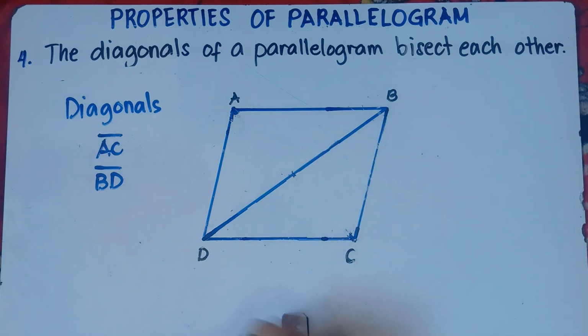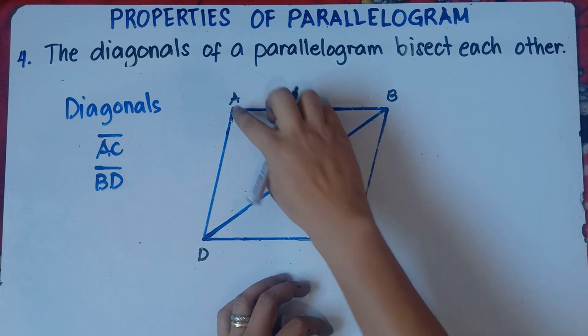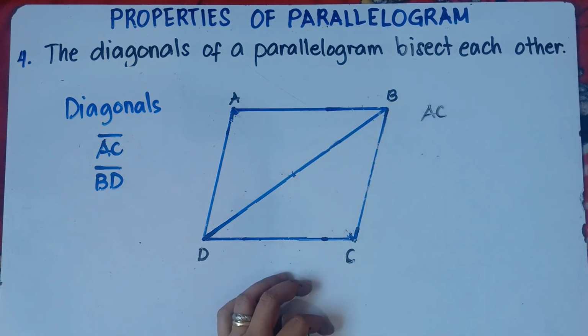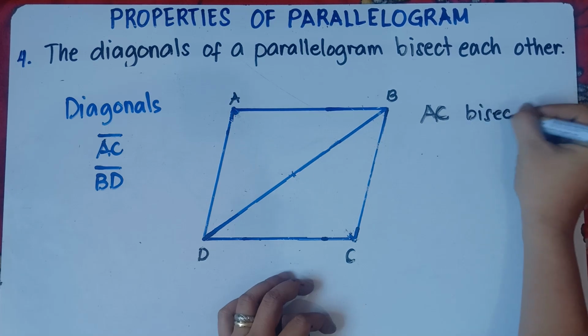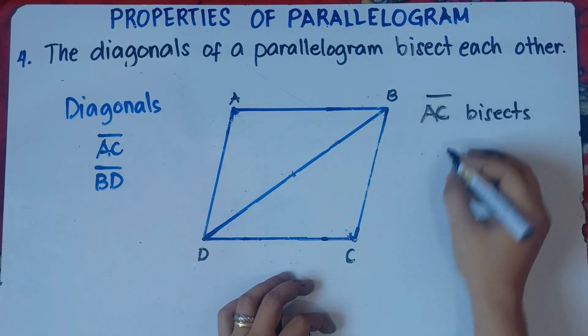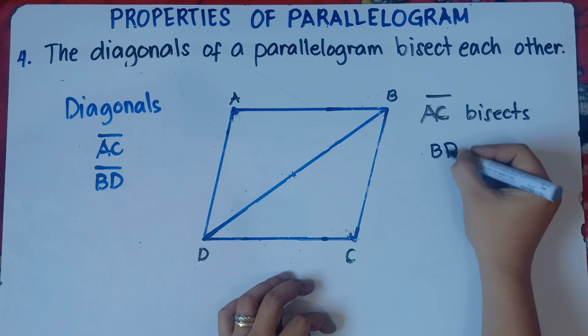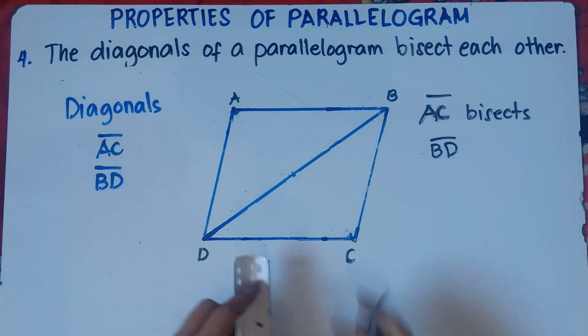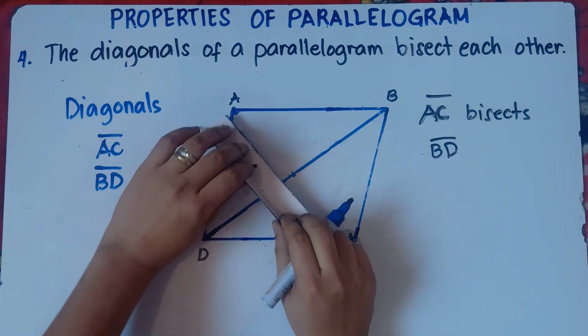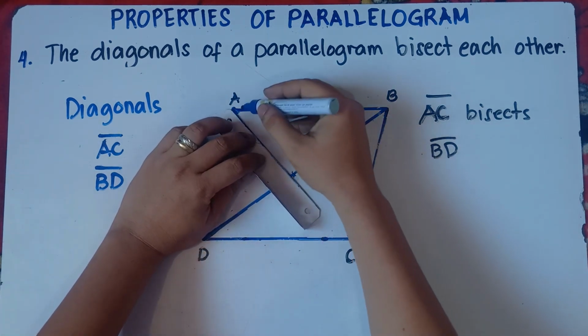So we can say that line segment AC bisects this line segment BD. What do you mean by that one, sir? This line segment AC will cut this BD into two equal parts if we draw this line.